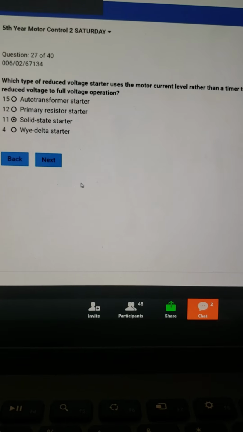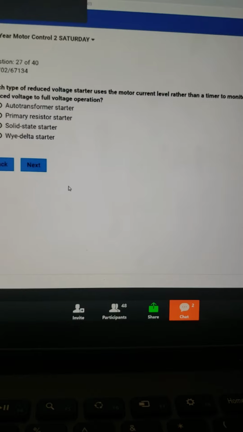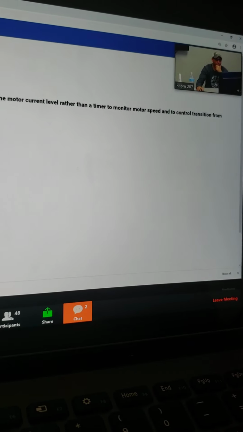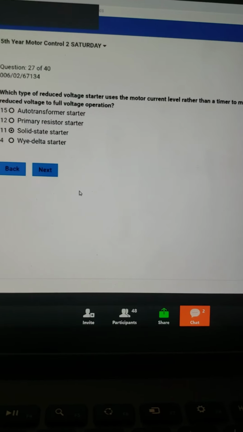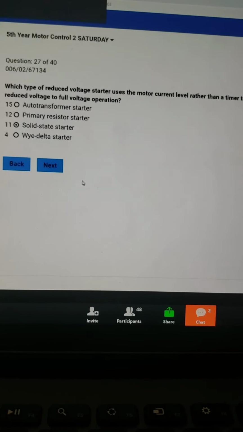Which type of reduced voltage starter uses the motor current level rather than a timer to monitor motor speed and to control transition from reduced voltage to full voltage operation? Solid state starter.